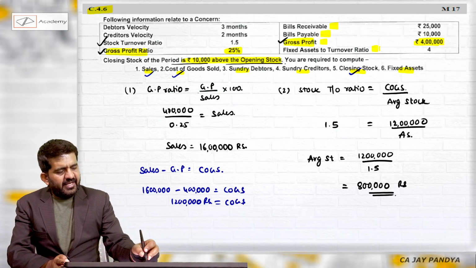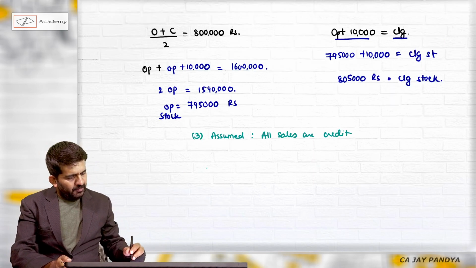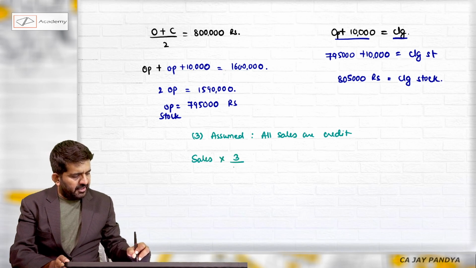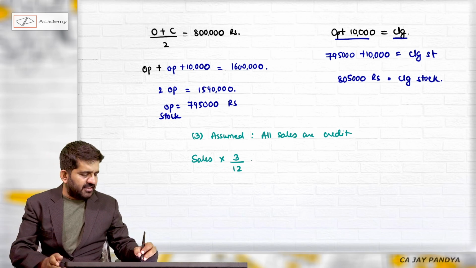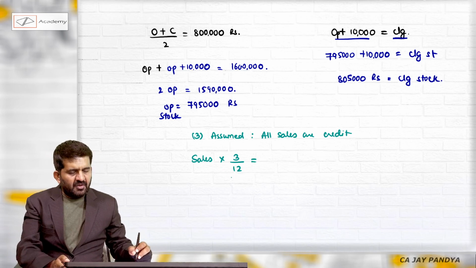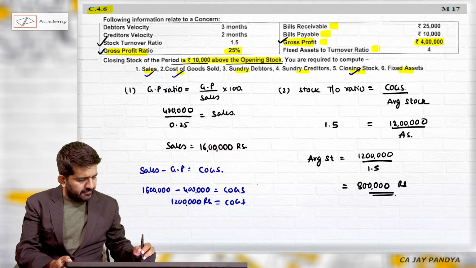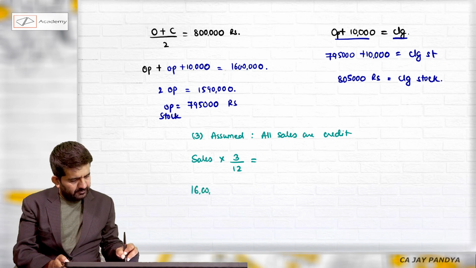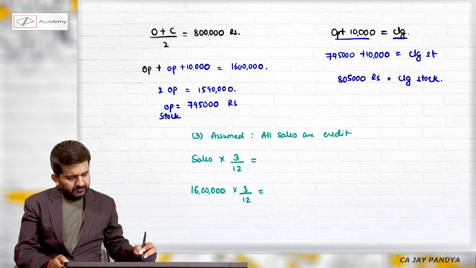What is the debtors velocity? It is 3 months. So my debtors answer will be sales into 3 divided by 12. Sales is of 12 months. What is 3 months sales? It is nothing but debtors. We have done this n number of times even in working capital management. Sales is 16 lakhs into 3 divided by 12.